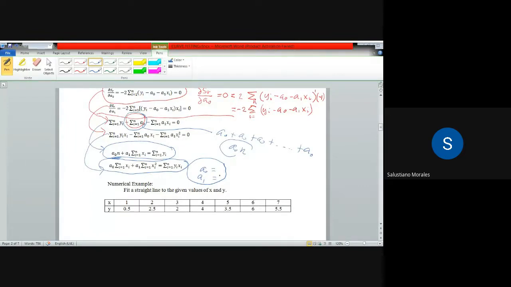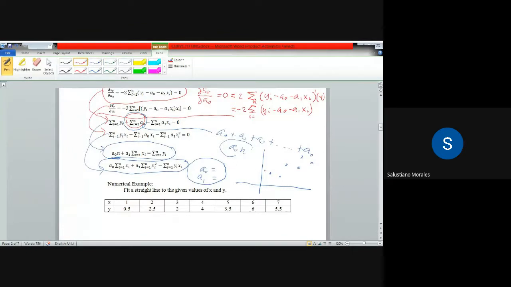So this is the line that we can generate with these values of A0 and A1 with respect to the given data points. Because if we go back to our illustration, if we have data points like this, there are several possible values of A0 and A1.